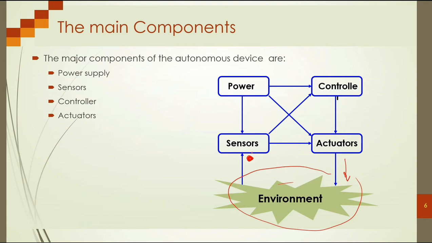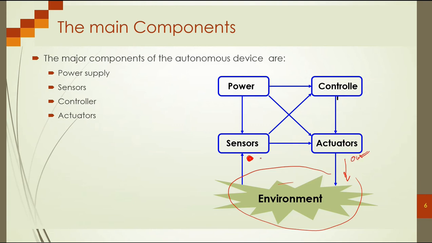Any input device, such as sensors, a keyboard, or anything else, is considered an input for the system. On the other side, we have the output, which is the actuators. Any output should go through these actuators.